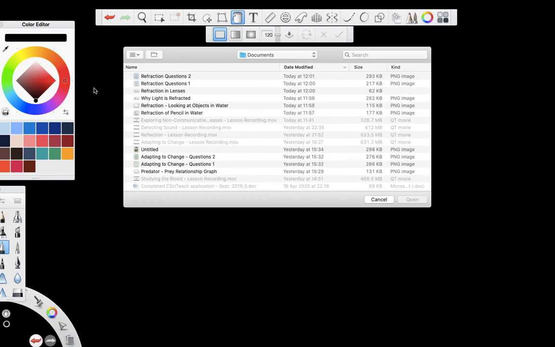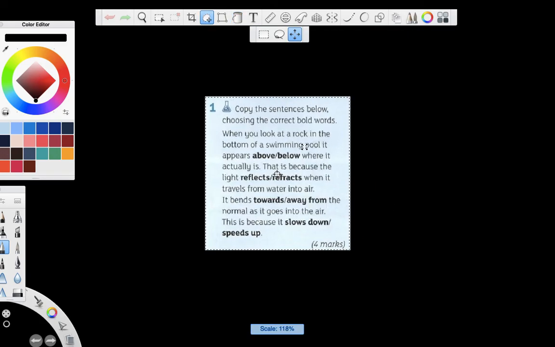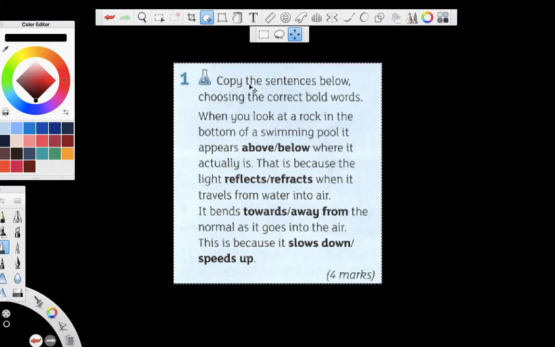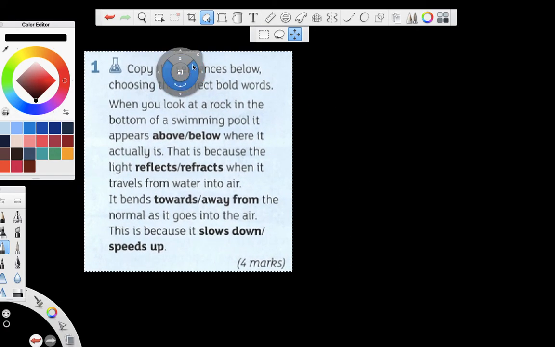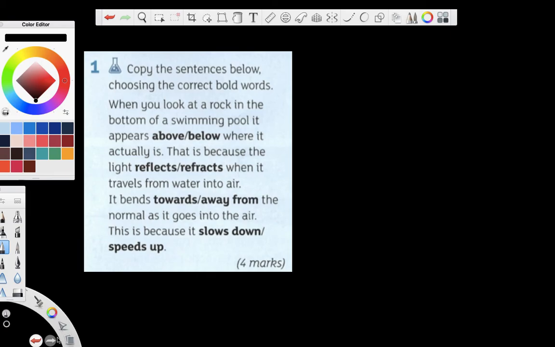So we need to add an image. We need to add the first questions. We can make it a bit bigger. So question 1, you needed to leave the correct word in place. So I'm going to get a red pen. You need to correct your answers if you get them wrong. So it should read, when you look at a rock in the bottom of a swimming pool, it appears above where it actually is.